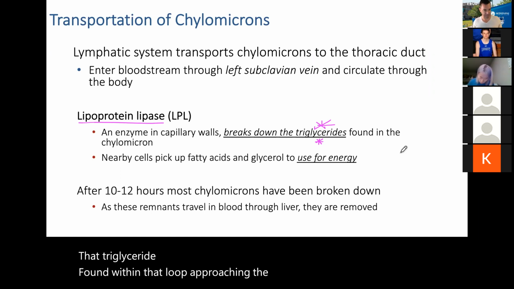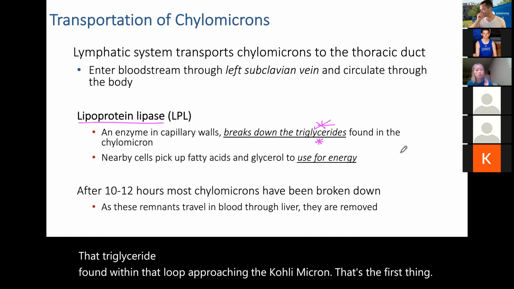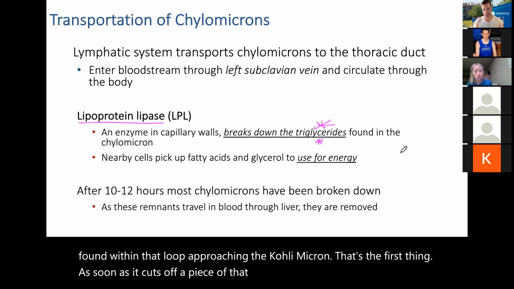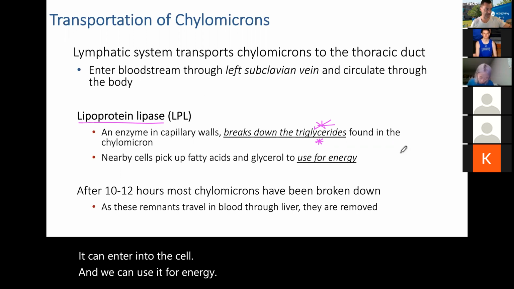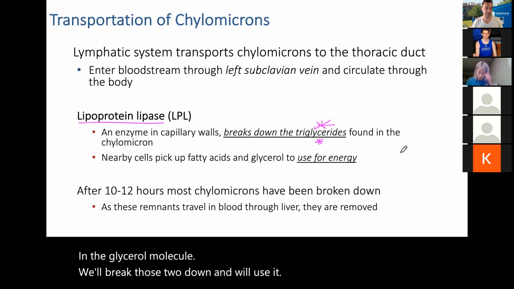That's the first thing. As soon as it cuts off a piece of that triglyceride, it can enter into the cell, and we can use it for energy. Use the fatty acids and the glycerol molecule. Okay? We'll break those two down and we'll use it. And we can make a vast amount of energy.